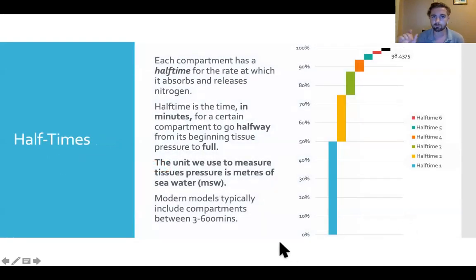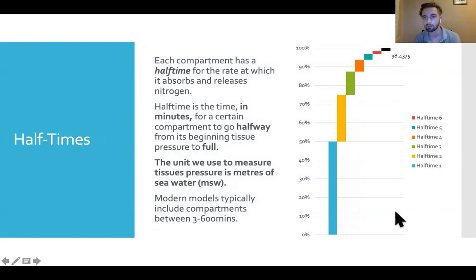Now, each one of these theoretical compartments has a half time, which is a measure of how quickly it absorbs and releases nitrogen. And a half time is the time in minutes for a compartment to go halfway from its beginning tissue pressure to full. So that doesn't mean that it'll go 0 to 50, then 50 to 100.